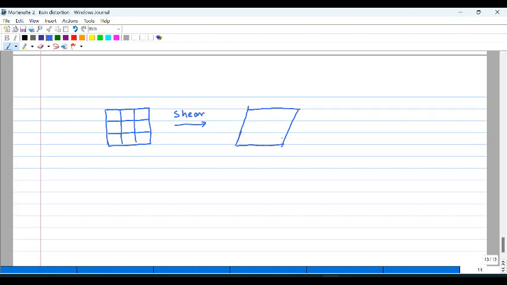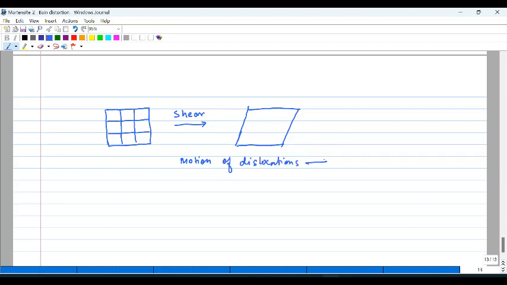Okay. And in metal crystals, this shape change, this macroscopic shape deformation that you see here, comes through motion of dislocations in the lattice along specific planes in specific directions. Okay.